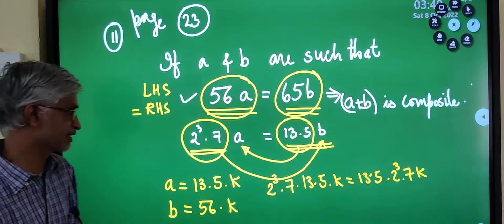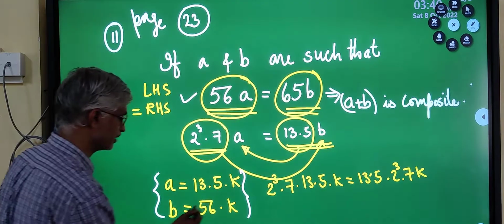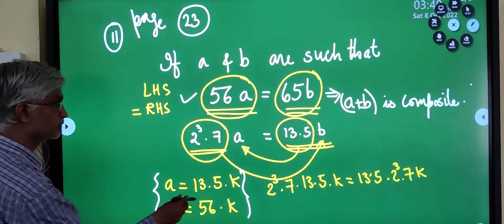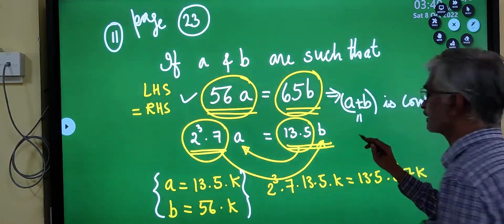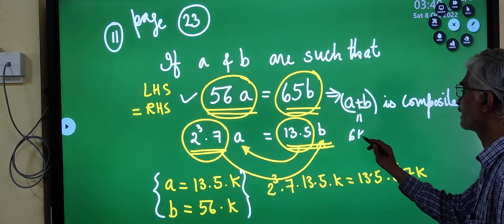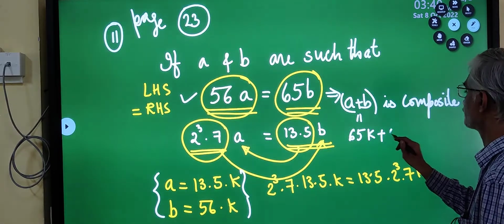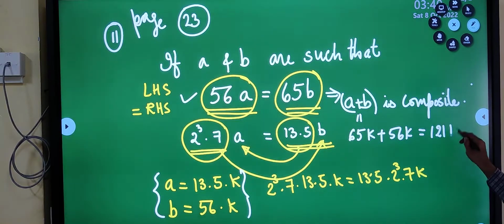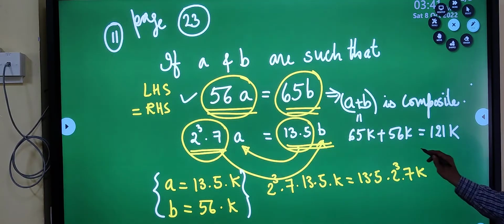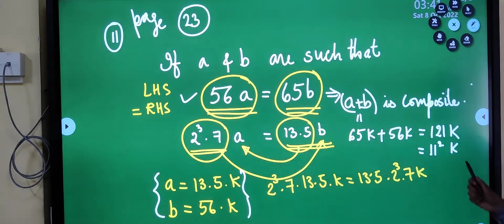Now this makes a lot of sense, but what we really have concluded here is that A is such a number and B is such a number. Now from here we proceed to find out what is A plus B. So A plus B is equal to 65K plus 56K, and this happens to be 121K, and this is definitely not a prime because it has 11 square as a factor.